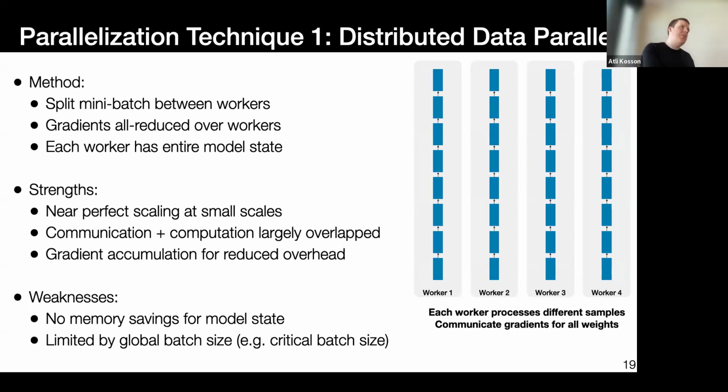It does a forward pass, it does a backward pass. Then each GPU is going to get a gradient. We are going to communicate these gradients between all the GPUs. Essentially, we are going to reduce them. We are going to take the sum of the gradients of each worker and send it to each worker.